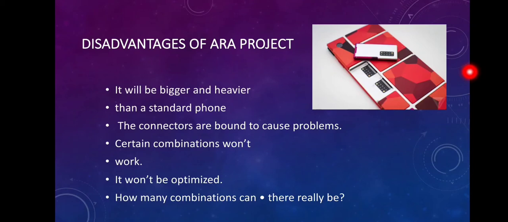Every smartphone is optimized for software and hardware combination. That optimization makes every smartphone work perfectly and smoothly, including processing and RAM management.